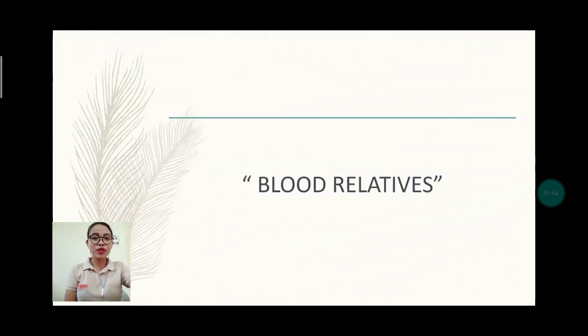Are you aware with the word blood relatives? We are very confused with these terms or these phrases in such a way that we are related with our relatives not by blood.